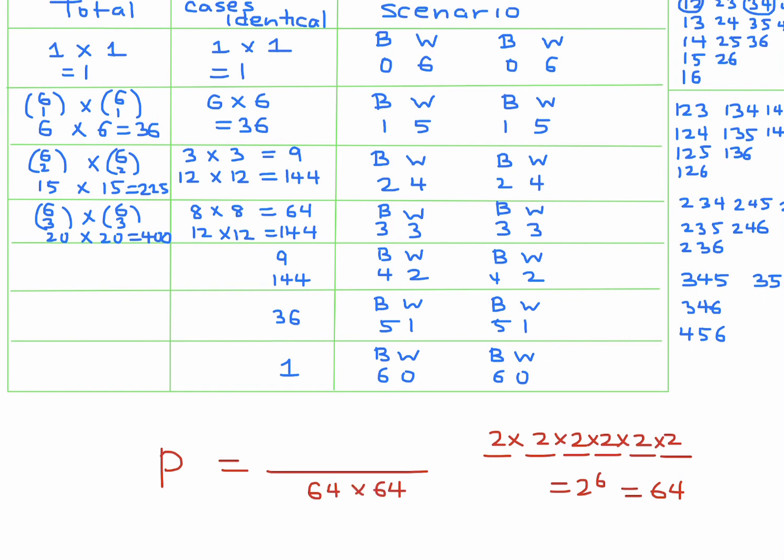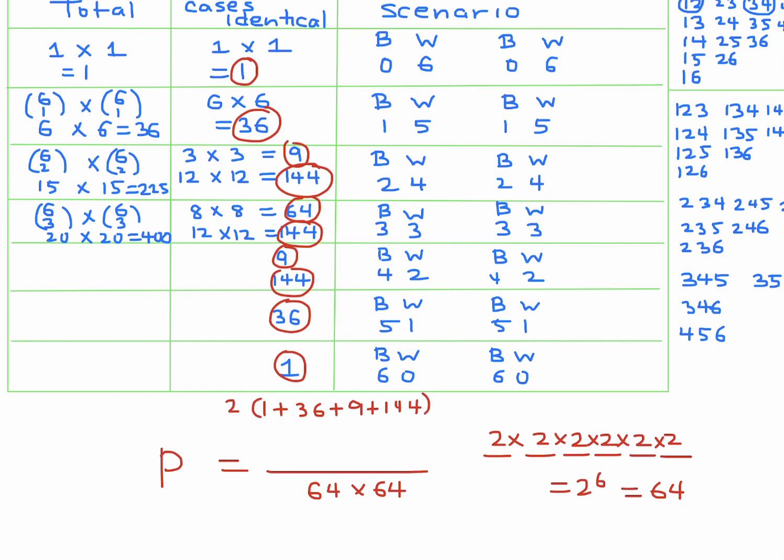That's the total combinations. Now the numerator is our specific condition, which we painstakingly discovered, is this right here. All of these guys. So 1 plus 36 plus 9 plus 144. And all of those you multiply by 2 because there's 2 of them.